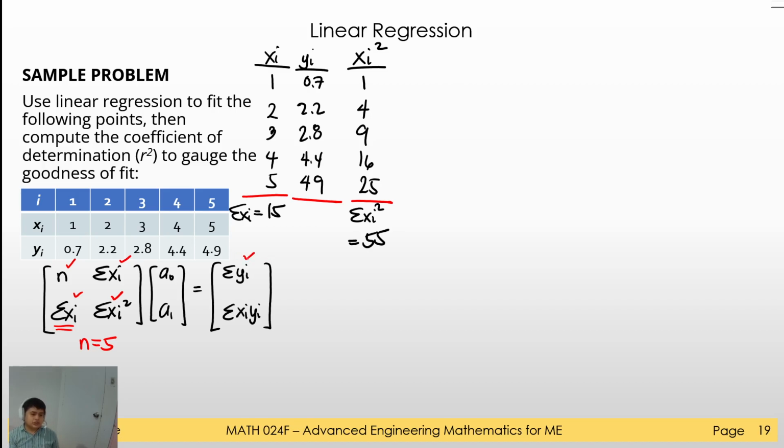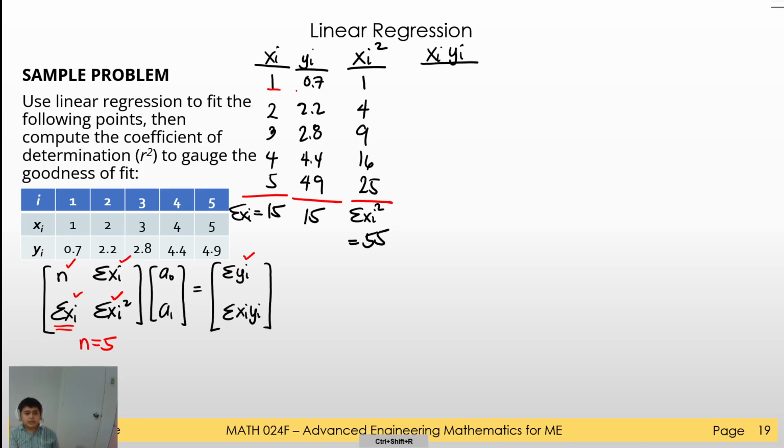Now for the summation of yi, we just add all of these, and this is 15. For the summation of xi and yi, we multiply the xi and the yi.